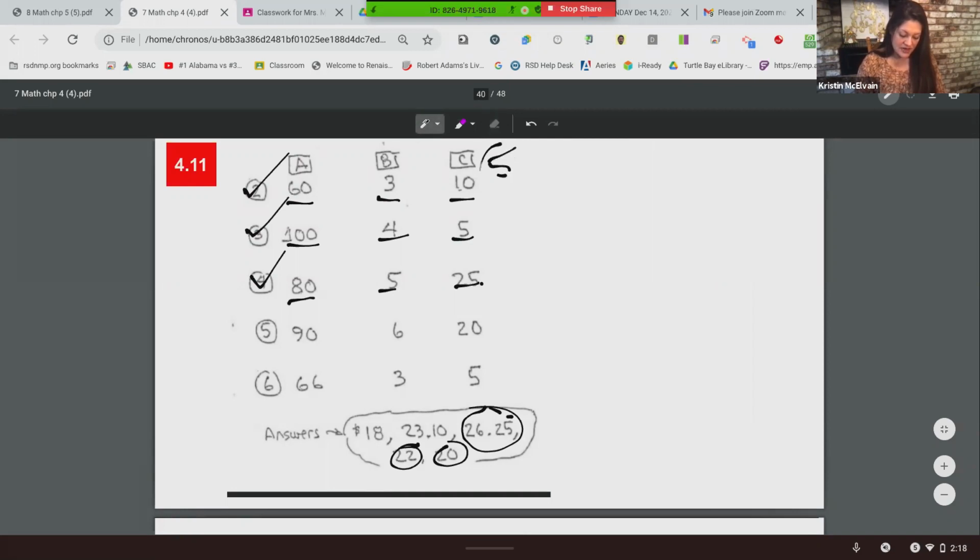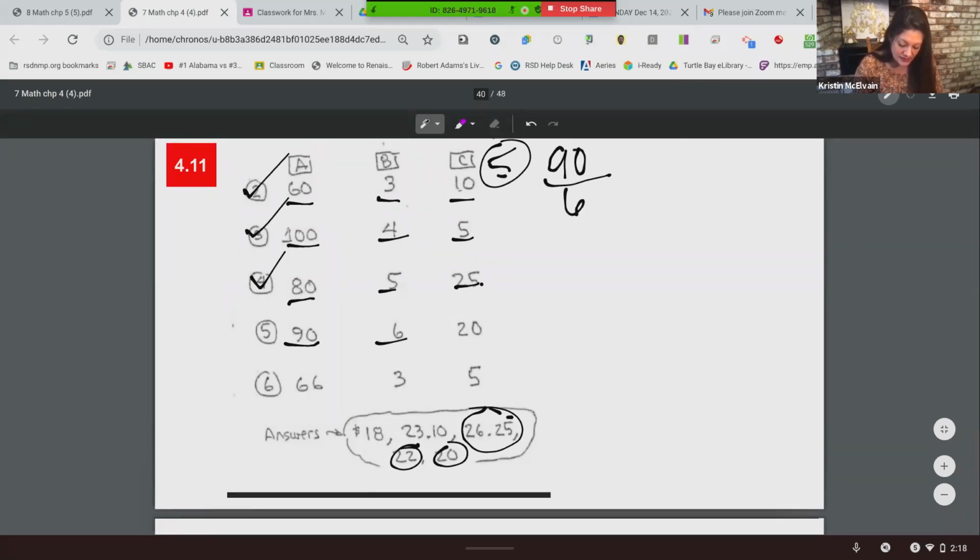Number 5, $90 for 6 dogs. Try writing that again. 90, maybe if I wrote smaller, slower. Oh, not bad.